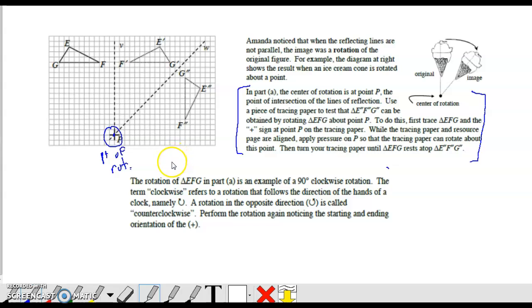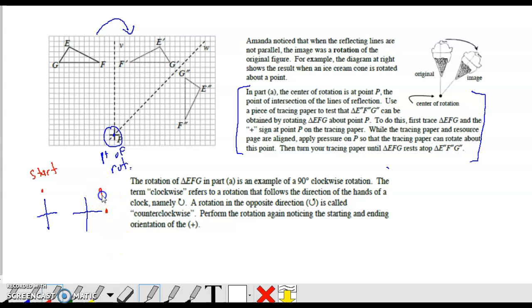And then you are going to try to rotate this paper. You're going to rotate this paper clockwise, holding your pencil right at point P. And what you're going to notice is that if this is your addition sign, I'm going to put a little dot right here. This will be the start of the addition sign. When you rotate it, this little dot is going to move right here.